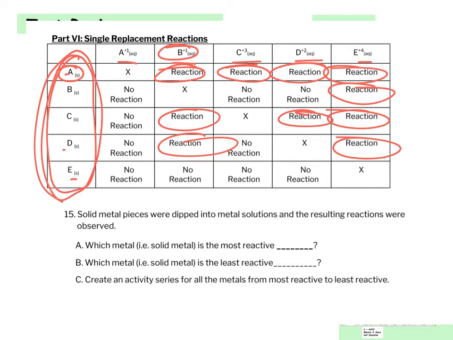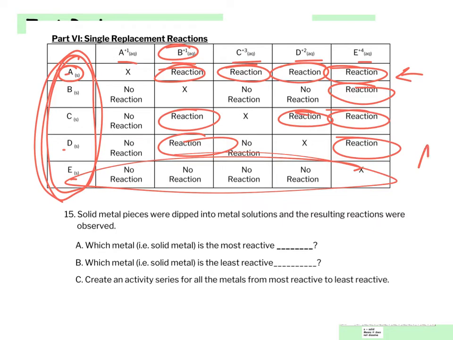Solid E gives me no reactions at all. So the most reactive one, of course, is going to be the top one, solid A. The least reactive one will be solid E, because it did not have any reactions at all. Create an activity series going from the most to the least.